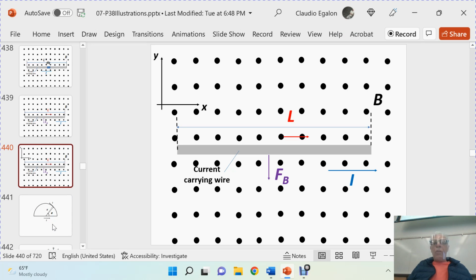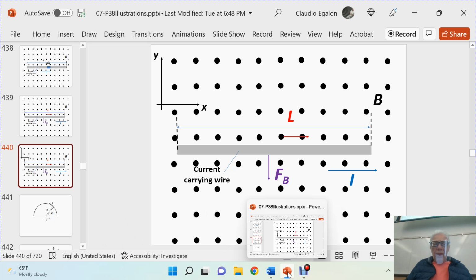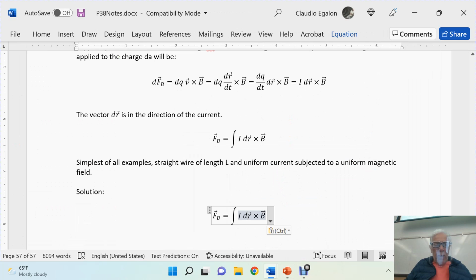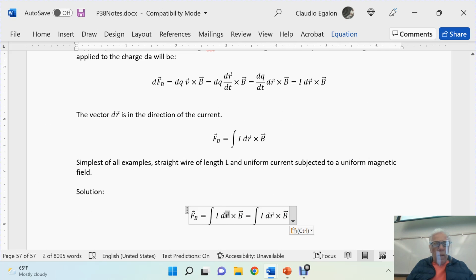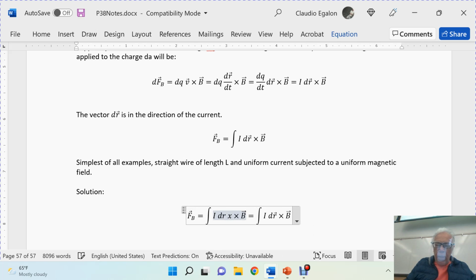The magnetic field is along the z direction. So here you go, dr along the x hat, and the magnetic field is in the z direction.